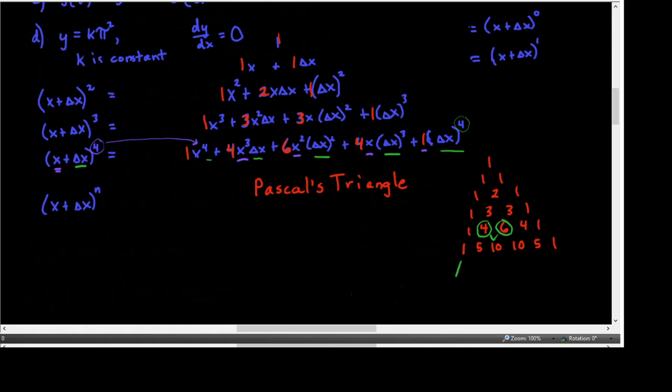So this continues to be 1, and this continues to be 1, all the way down. So that's one way to explain Pascal's triangle, and how Pascal's triangle allows you to find an expression for x plus delta x to the nth.